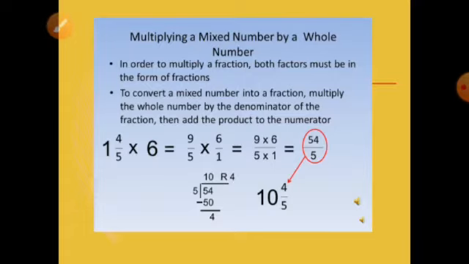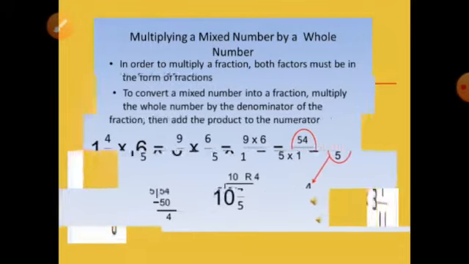So 54 divided by 5, we got 10, and then remainder 4. So with proper procedure you can do this division. Over here a shortcut is shown to you. So 10 whole 4 upon 5 is the answer of this question.